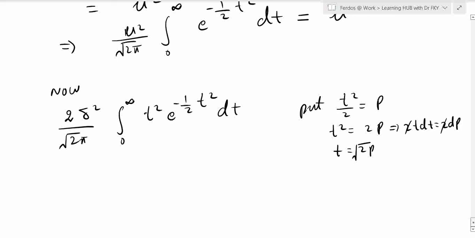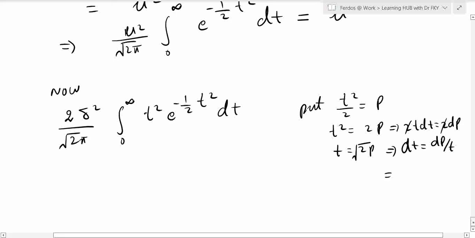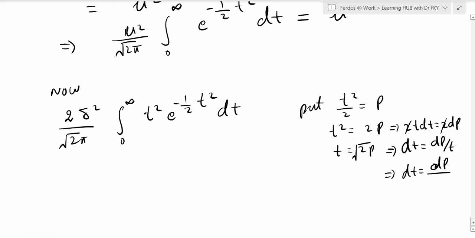Cut 2 with 2, dt equal to dp divided by t, and dt equal to dp divided by square root of 2p.